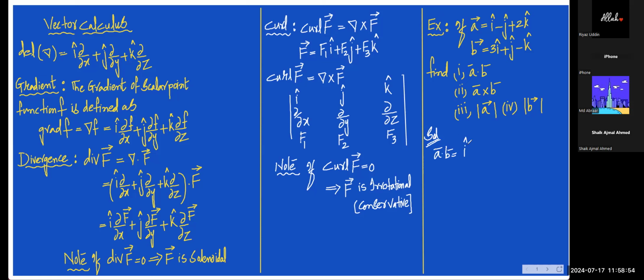i cap minus j cap plus 2k cap dot 3i cap plus j cap minus k cap. One thing you should remember, wherever you are getting ijk values, better to give some respect. It means write it in cap form.